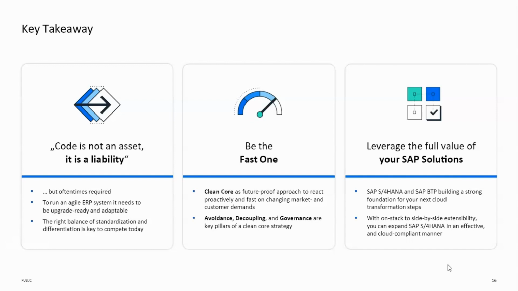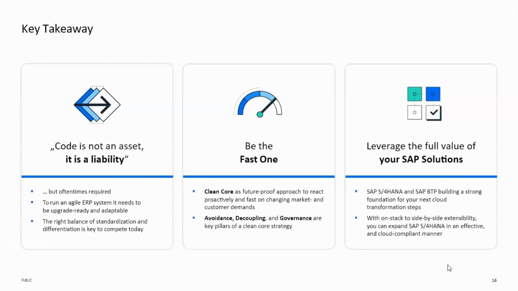Given the pivotal role SAP systems play in implementing numerous business processes, this requires an agile approach to SAP systems management, including the assimilation of recent SAP product advancements and promptly integrating the latest software releases. So with the SAP Clean Core strategy, we have to be the fast one.